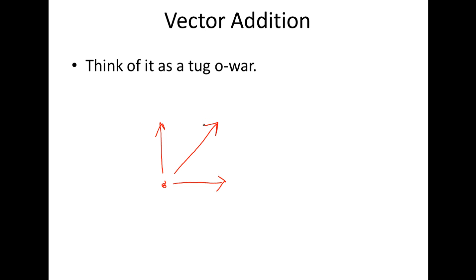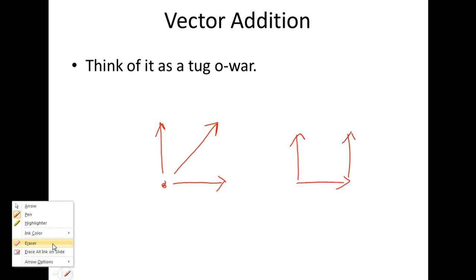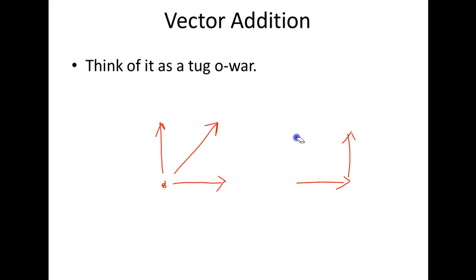Last class, you guys were asking, I could also think of this as a vector addition problem where I've got something going to the right and something going up, and I say, okay, are these tip to tail? No, they're not, so I actually need to move this arrow over, and now I can complete the triangle. And last class you guys were asking, well, how do I know if the arrow is going down and to the left or up and to the right?